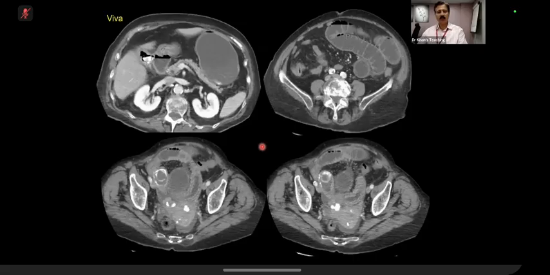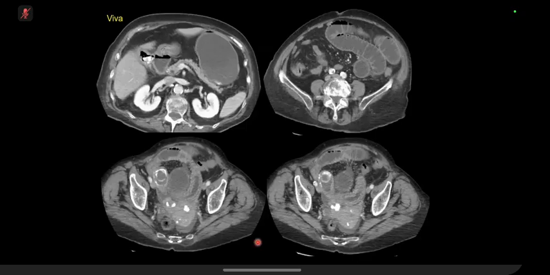And what is happening? So there is dilatation of the small bowels, along with a laminated calcific density in the small bowel loops as well, and some surrounding inflammatory change and thickening of the bowel wall.